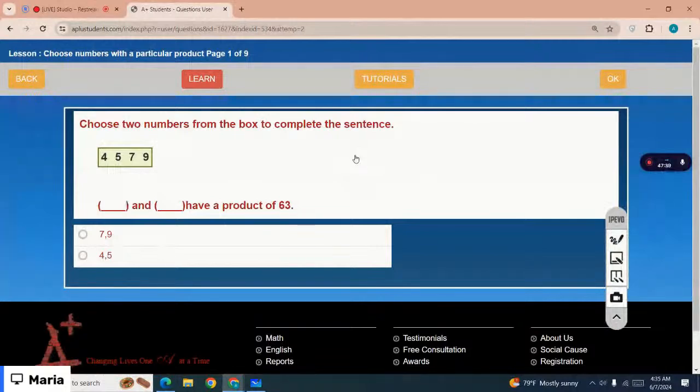Choose two numbers from the box to complete the sentence. Dash and dash have a product of 63. So which two numbers when multiplied make 63?